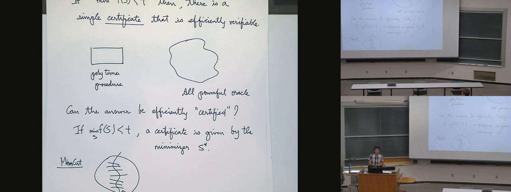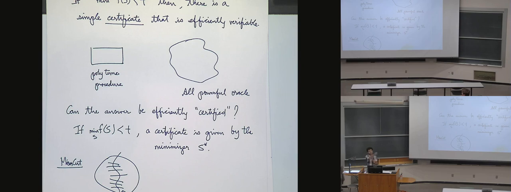So for shortest paths, the certificate is the path. If you wanted to convince me that the shortest path from U to V is less than something, then you could just give me that path to certify. If you wanted to prove to me that the length of the path is more than something, then it's not easy to certify. How would you certify that?